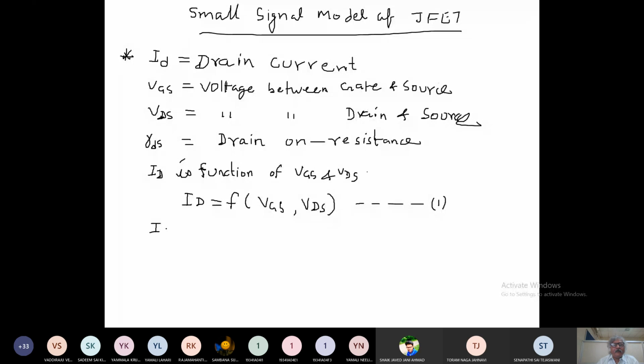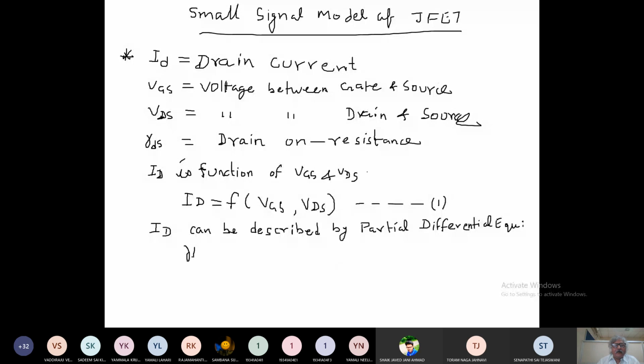ID can be described by partial differential equation, right?